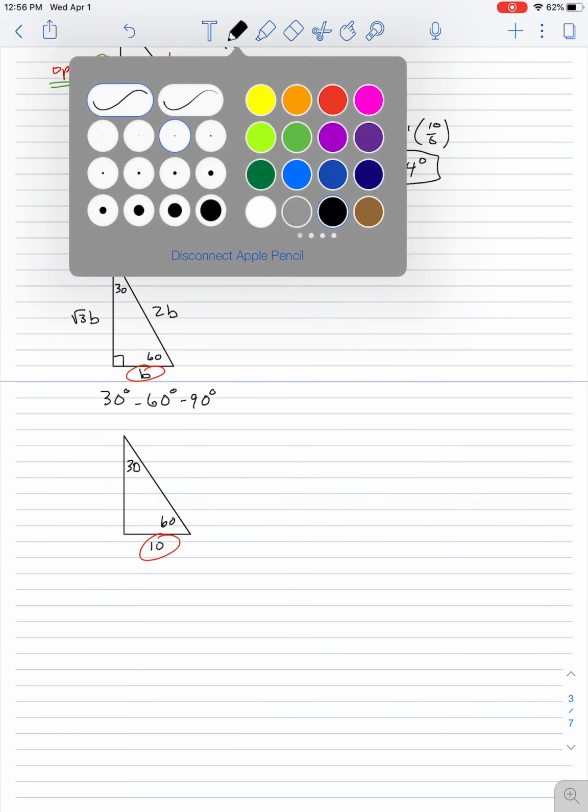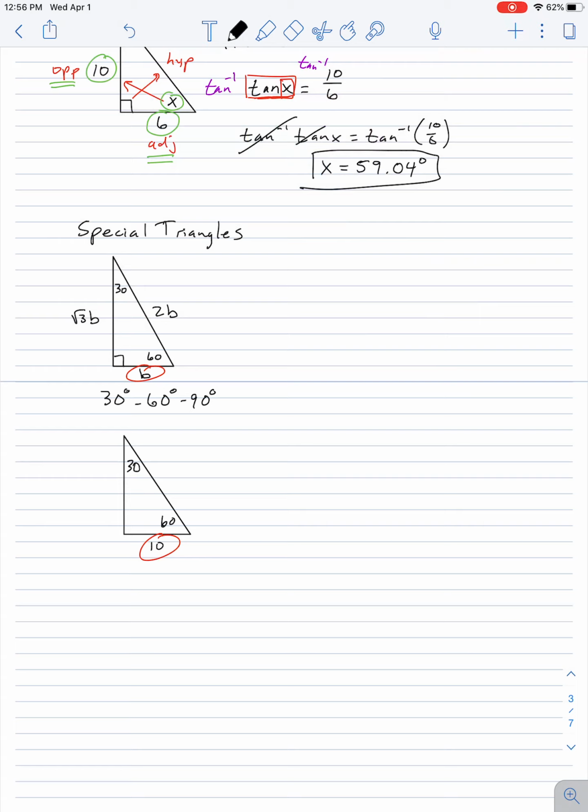So that means that this side is going to be root 3 times 10, okay? And this side is going to be 2 times 10. So I could say, all right, this side's 10, this is going to be 10 root 3, and this is going to be 20.